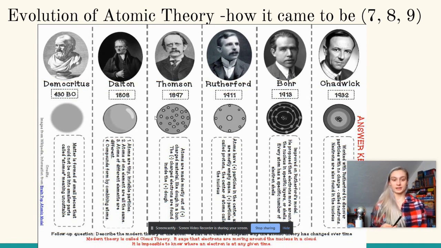Then, like, 90 or 100 years later, we have J.J. Thomson, who is this middle guy with the glasses. He did experiments and found that part of the atom is positive, and some is negative.